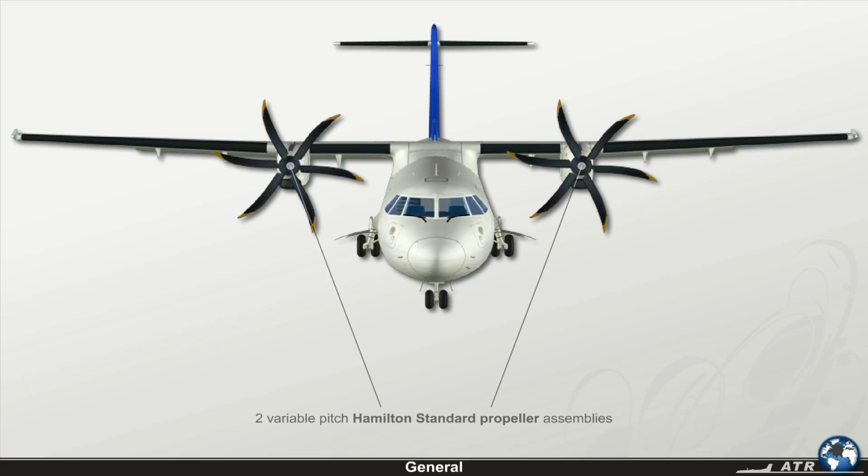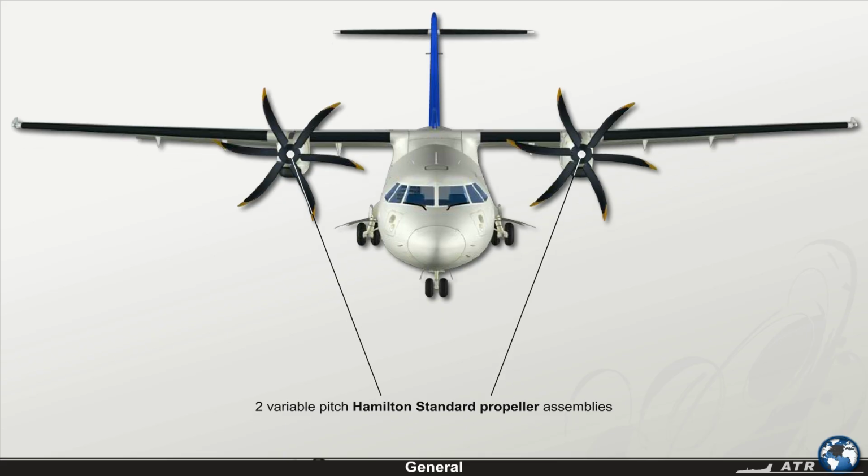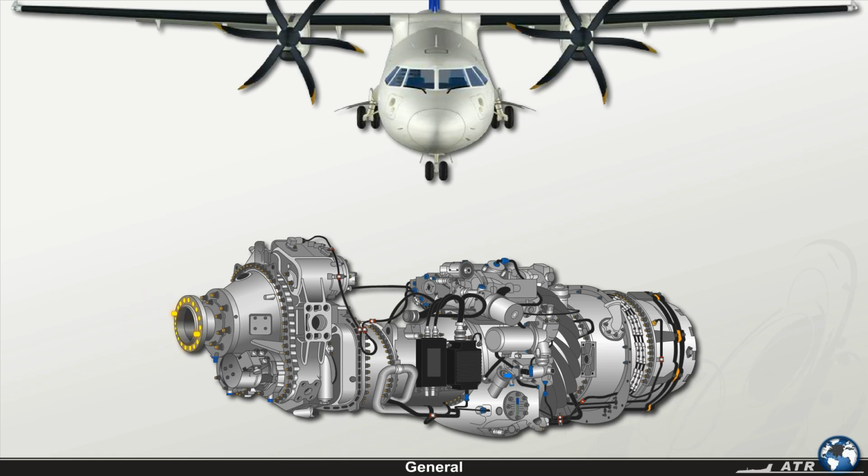The aircraft is equipped with 2 variable pitch Hamilton Standard propeller assemblies, mounted with nuts to the reduction gearbox propeller shaft.